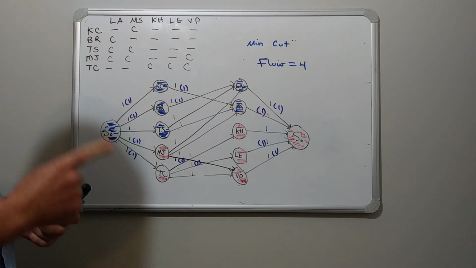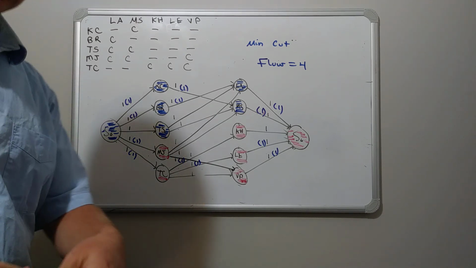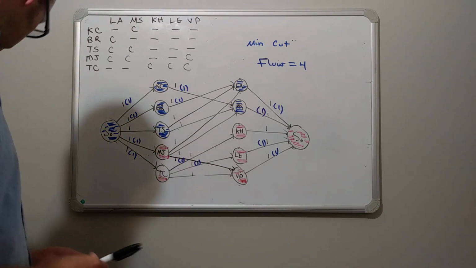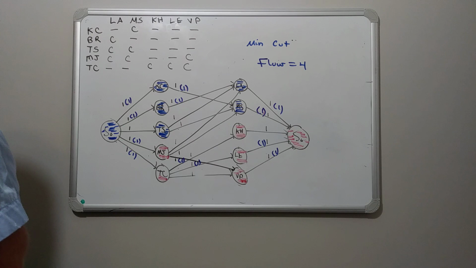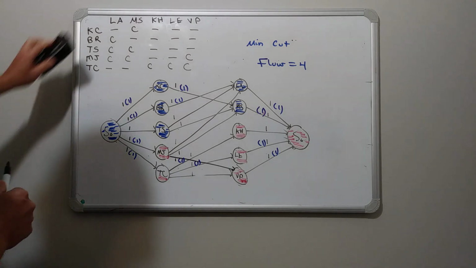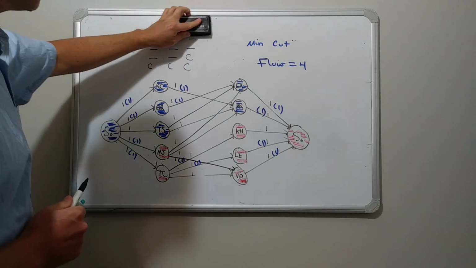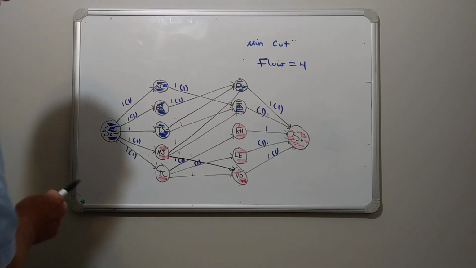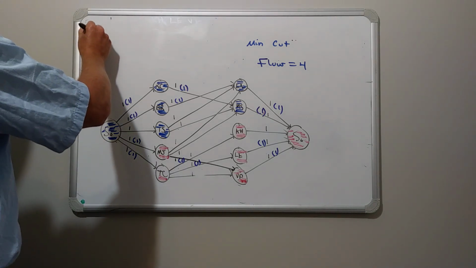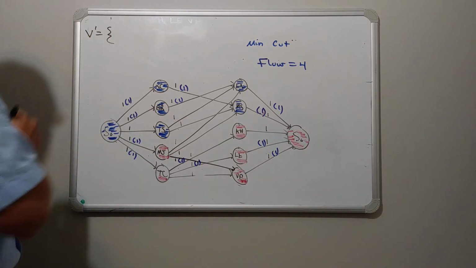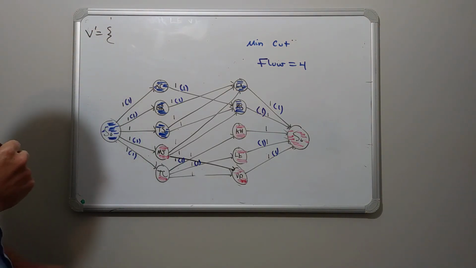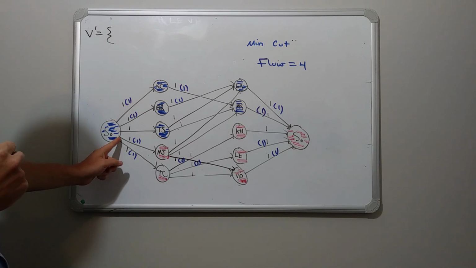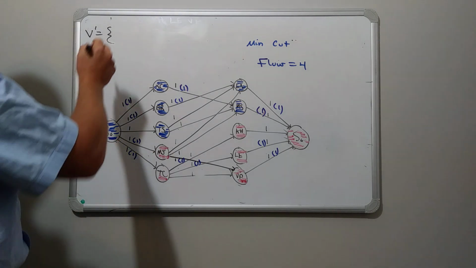Okay, so in order to find the minimal cut, what we have to write down is the arcs that go from a blue node to a red node. So I'm going to erase this. We don't need this anymore. So let's look at the arcs from a blue node to a red node. So let V prime equal the set. So let's see, blue to red. So source to MJ.